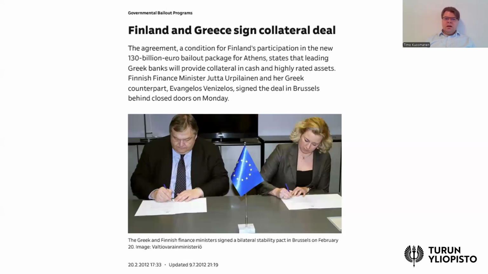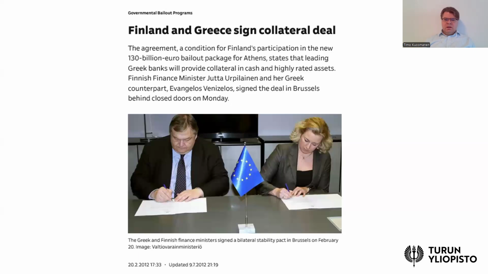The Greek banks provided a collateral in cash and highly rated assets, which would be saved if Greece would default, so at least some of this support would be paid back in that case. That of course also gave some additional pressure for the Greek government to follow these austerity measures and to not default on its credits.